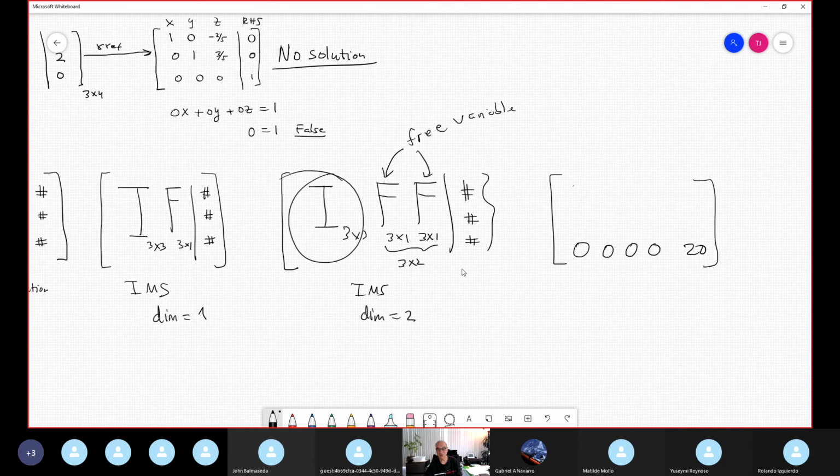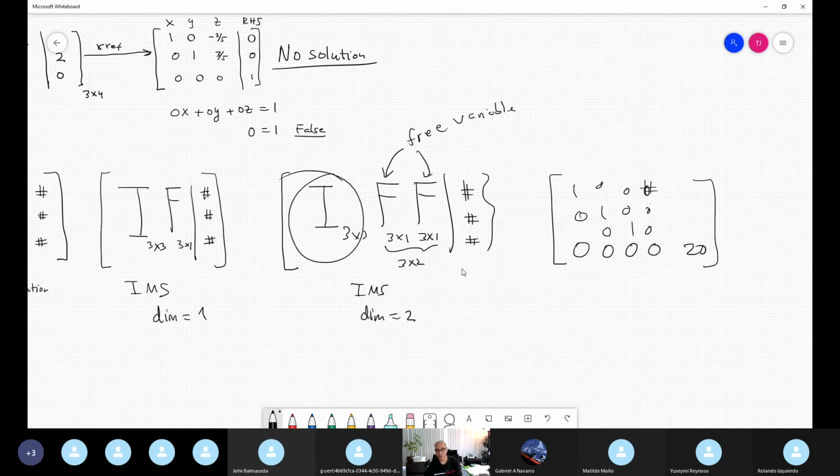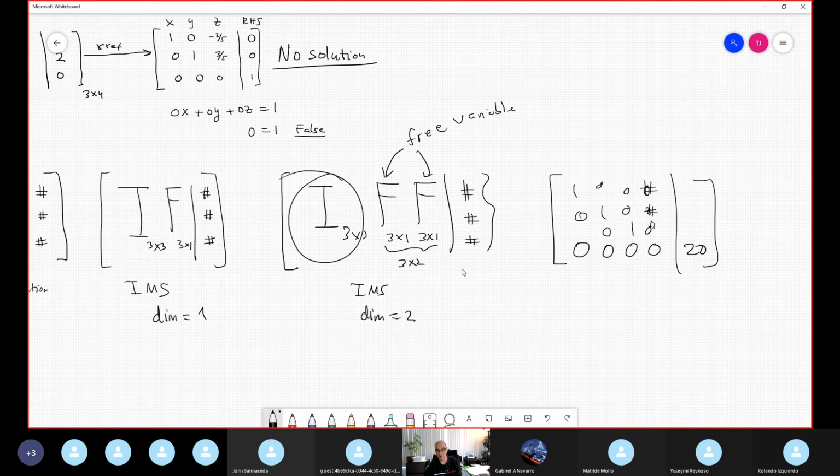And the rest I don't care, maybe 1, 1, 1, 0, 0, 0, or another number, it's not important. On the right-hand side we have a number. It's obvious there is no solution because this equation is a contradiction. No solution. This is the way to interpret this.